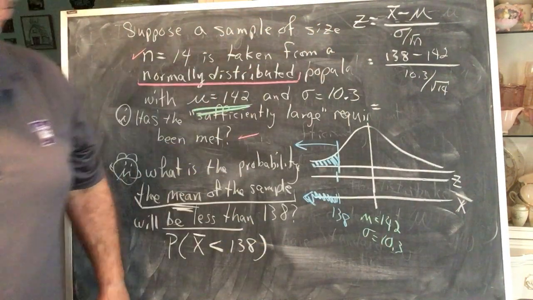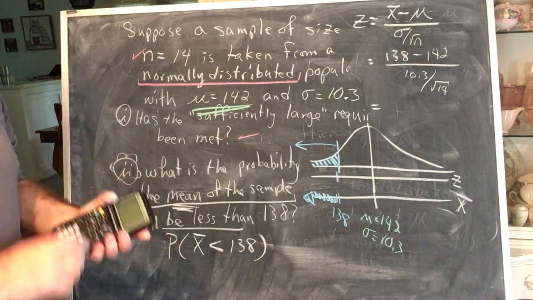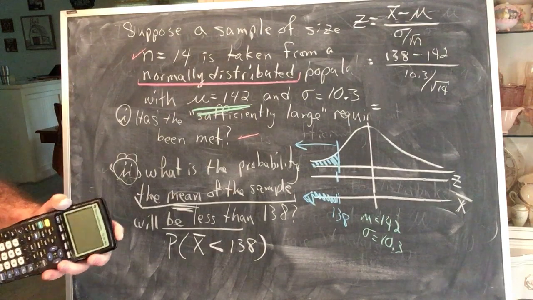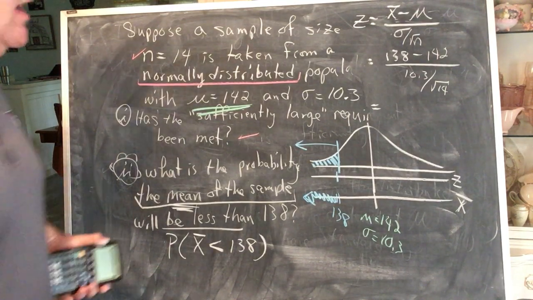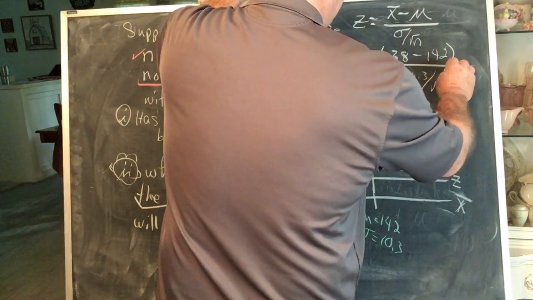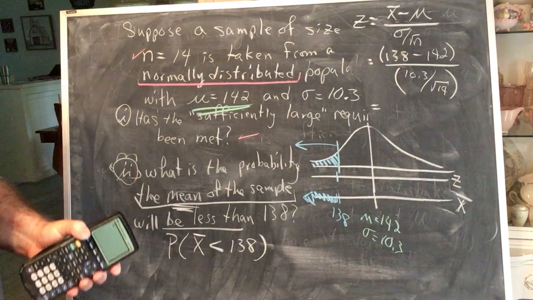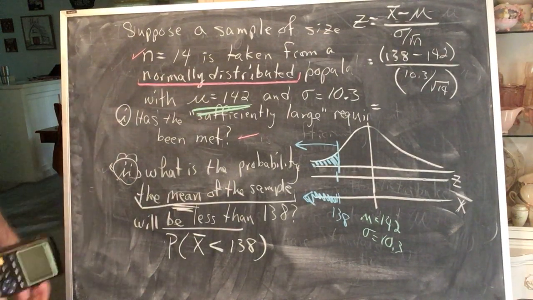And compute. Now, this can be a little bit dicey if you're not used to this. If you are good at using parentheses with your calculator, what you ought to do is put parentheses around the numerator and parentheses around the denominator. If you don't, the order of operations in the machine will get messed up.